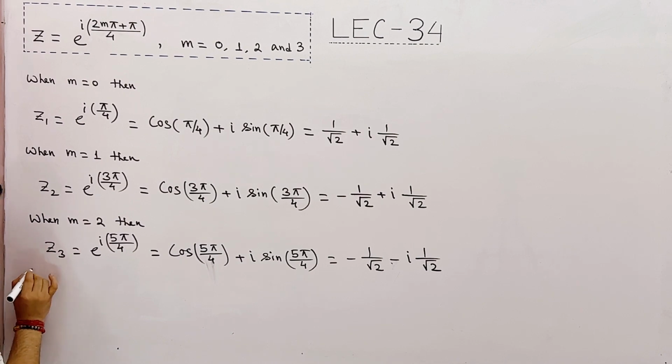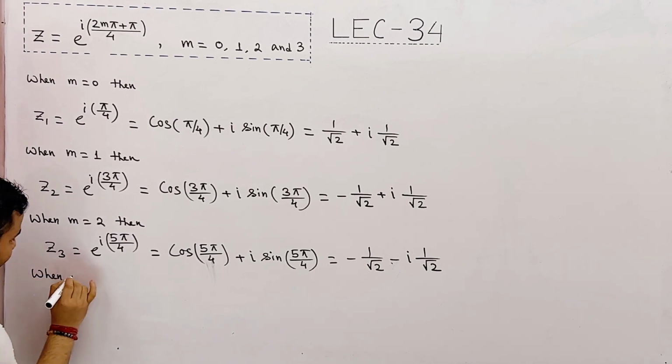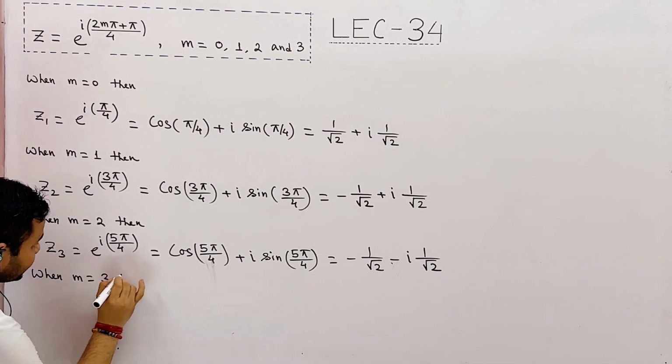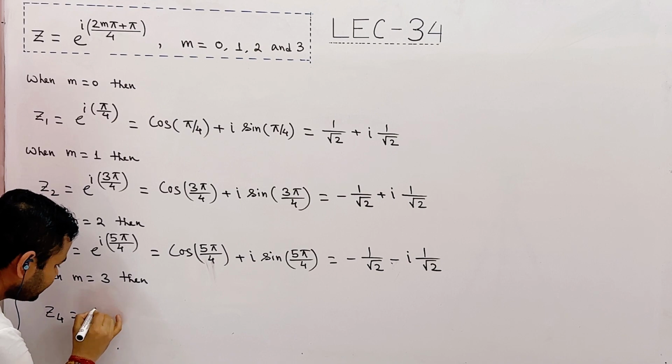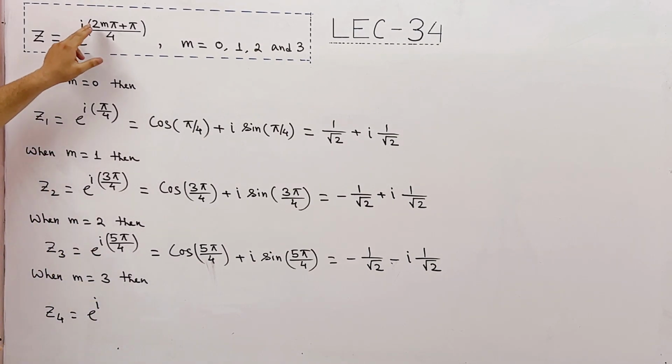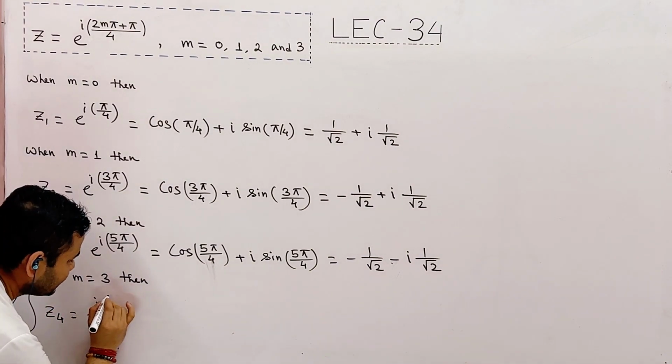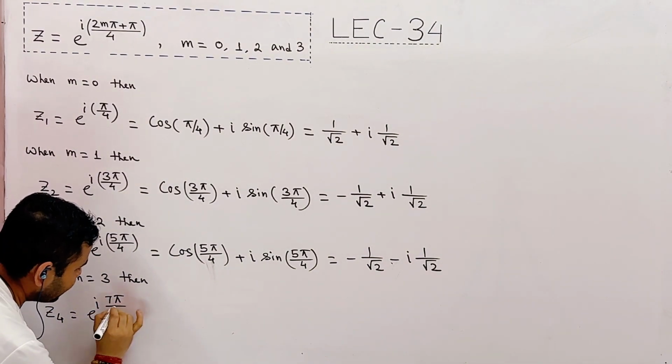Next, let us find out the fourth pole. When m equal to 3, then z4 is equal to e to the power iota (2 into 3, 6, 6 plus 1, 7) 7 pi by 4.